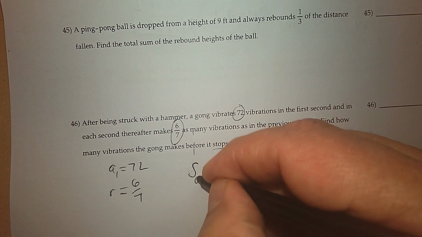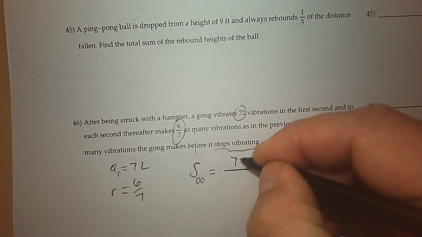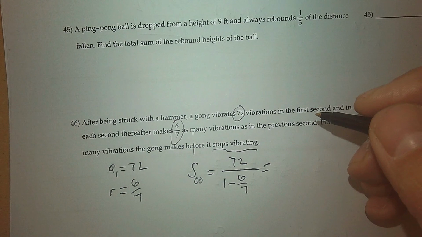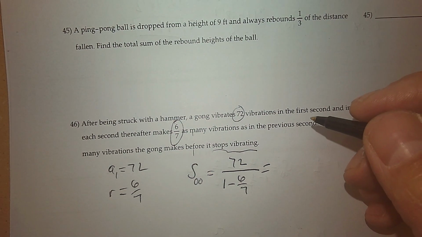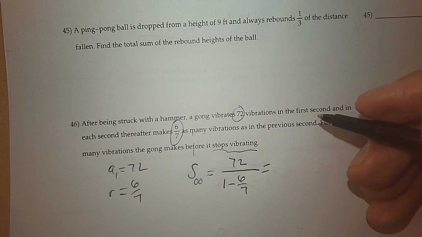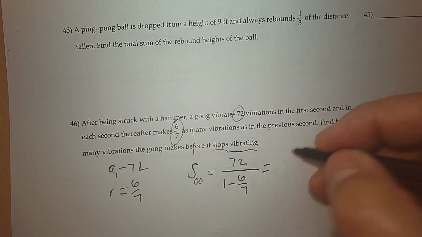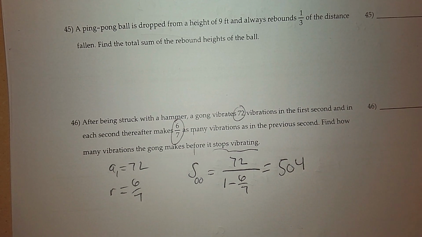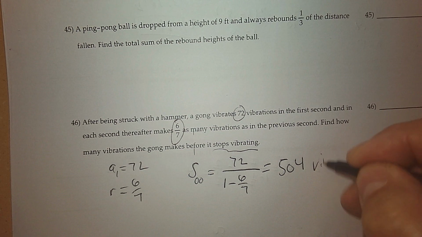So the infinite sum then would be 72, 1 minus 6/7. And I get 504. That's how many vibrations.